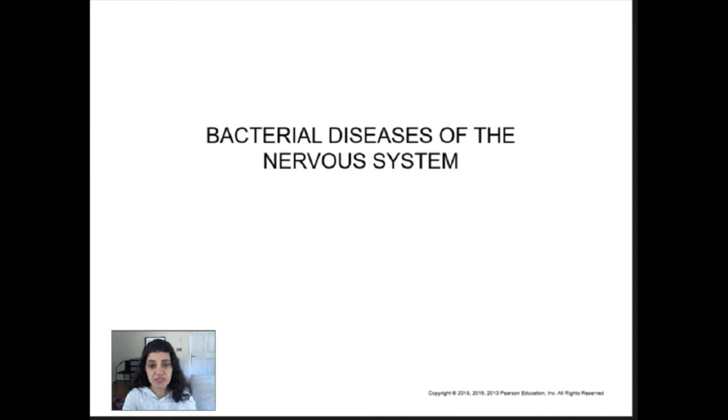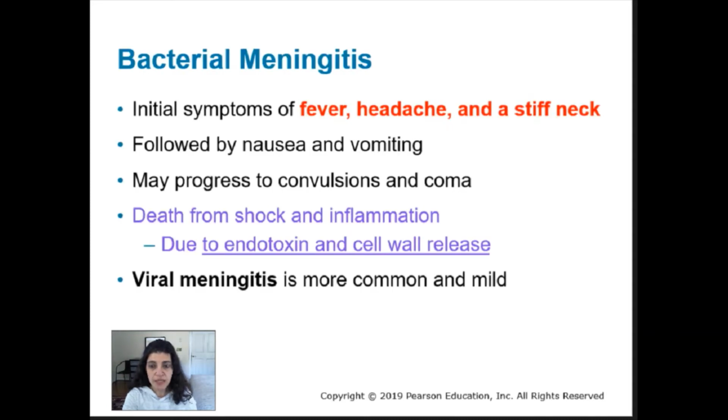So we will start with bacterial diseases of the nervous system. Remember, there is always a triad of symptoms for you to detect. So what initially happens after that period of initial incubation? Initial symptoms are fever, headache, and stiff neck. Okay, the person is not really able to move the neck back and forth, to flex the neck or rotate the neck.